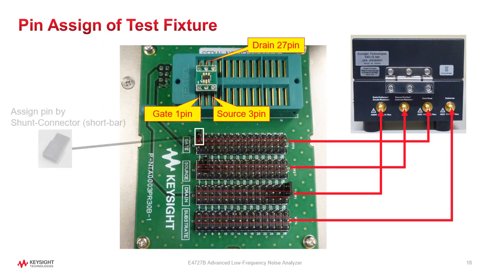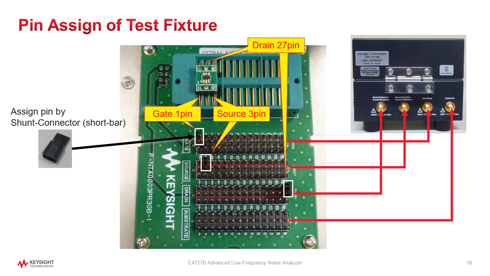The test fixture has flexibility of pin assignment. Pin assignment is decided by shunt connectors, and any pin assignment is available. In this DUT, the gate pin number is 1, source is 3, and drain is 27.